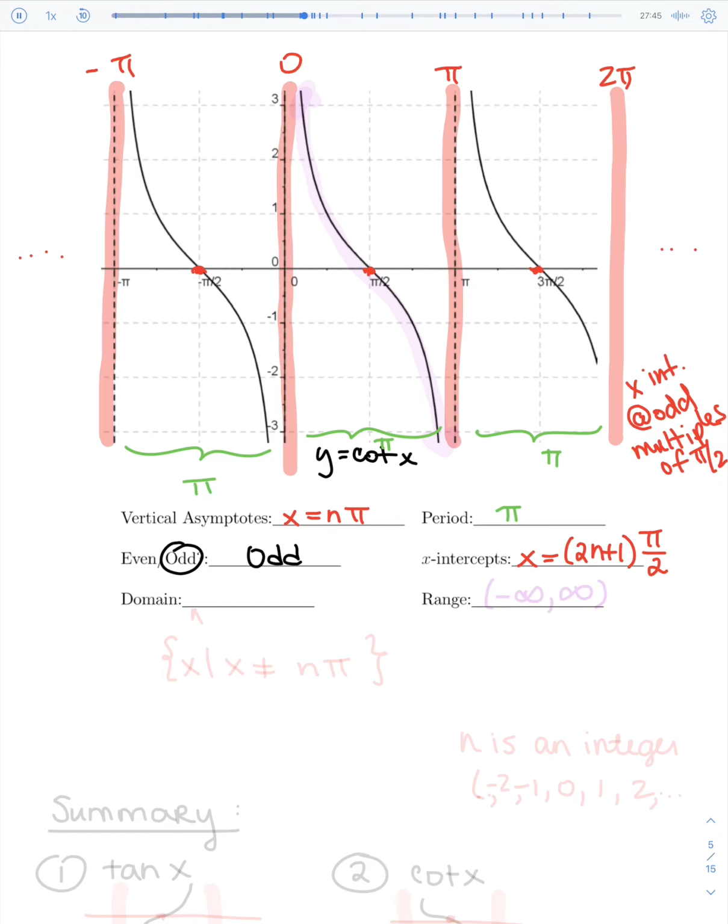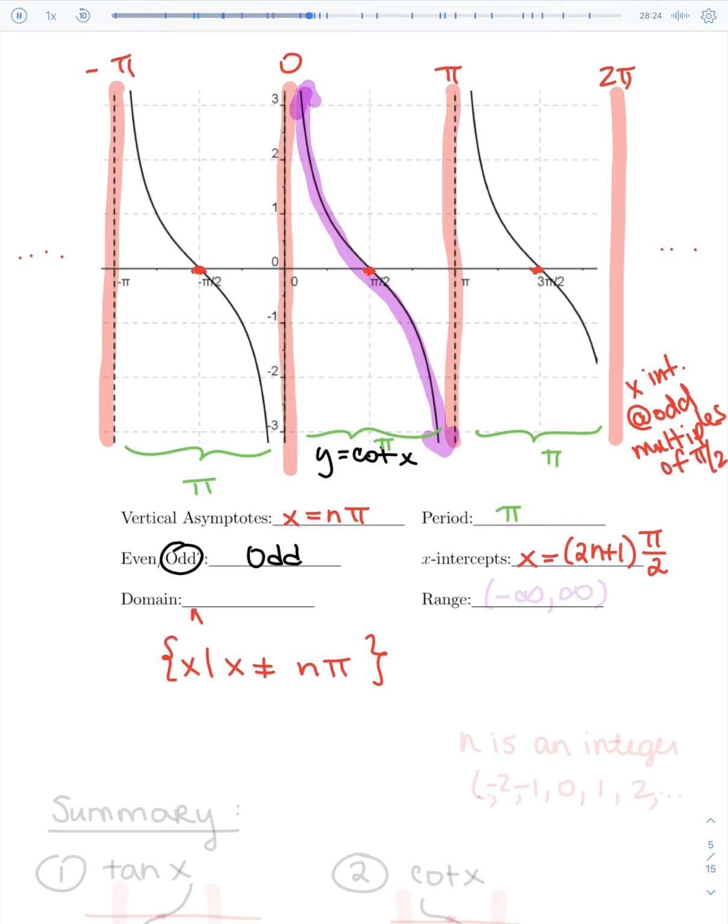Okay, now let's talk about the domain. Notice the domain, just like before, you can plug in any x value you want except for these vertical asymptotes. So our domain would be any x's such that x is not equal to the asymptotes. Well, remember that the asymptotes are happening at multiples of pi, so that'd be n times pi. Okay, continuing along to the range, notice if we follow our graphs, they go down forever and up forever.